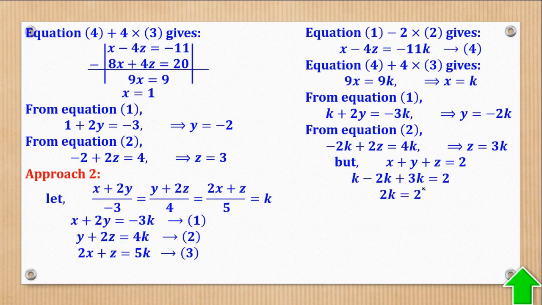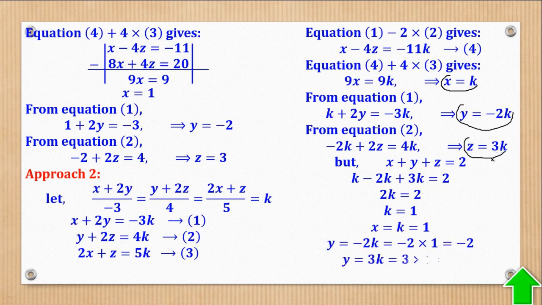Then I'll simplify it to get the value of k. After getting the value of k, I'll come back here and substitute for k to get x equal to 1. In y, substitute for k to get y equal to negative 2. And in z, substitute for k to get z equal to 3. And that's what they wanted.